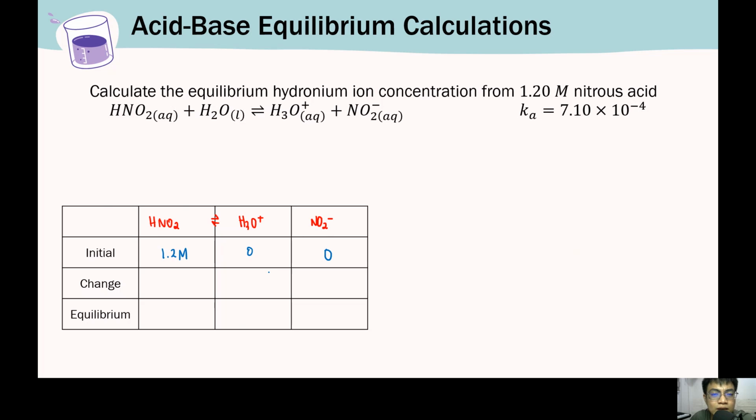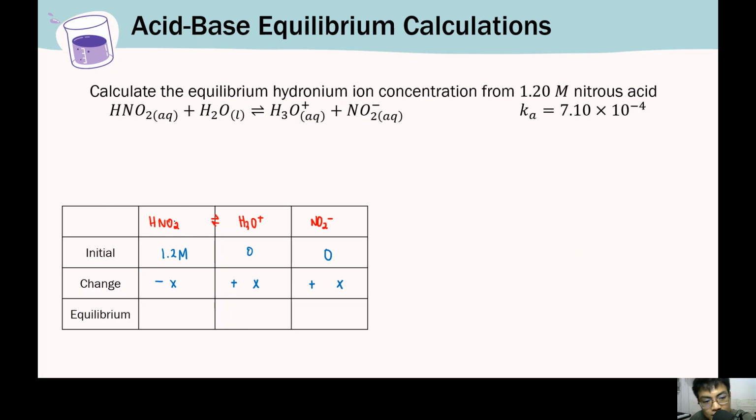So what does it mean in terms of change? Since the reaction is going to the product side, the amount of H3O and the NO2 minus will increase, meaning they will have a positive change. But for HNO2, kasi to the right yung reaction, this will be the opposite naman, so it will be negative change.